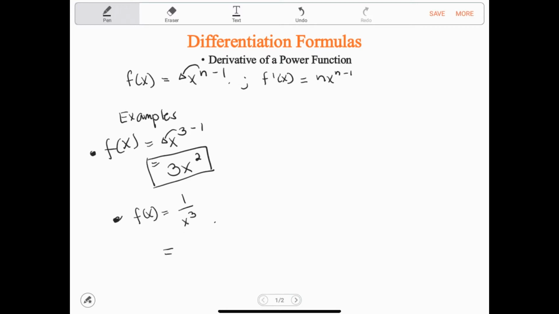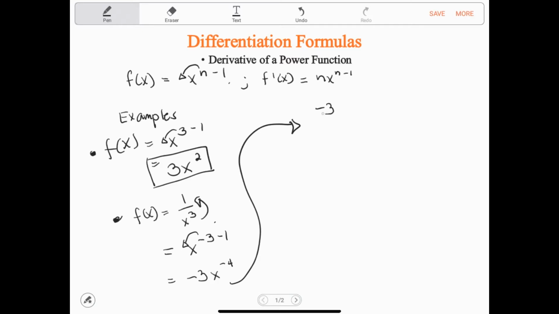Next example. F of x is equal to 1 over x raised to 3. Note that we can transfer x cubed to the numerator. So it's going to be x to the power of negative 3. Then solve. Negative 3x, then subtract by 1, so it's going to be negative 4. Let us transfer it here. I'll rewrite it.